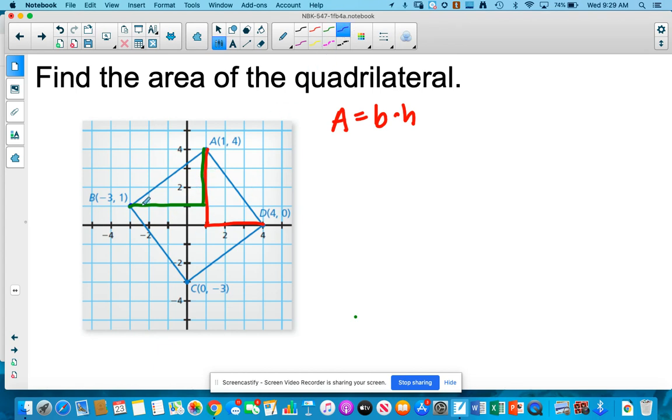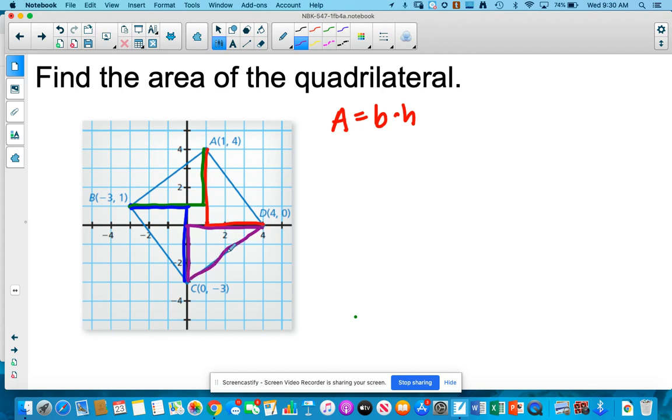Let's go ahead and look here. From that vertex to this vertex, I have created another triangle. And then let's look at from that vertex D to vertex C, I have another triangle.